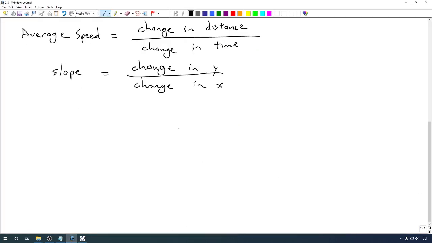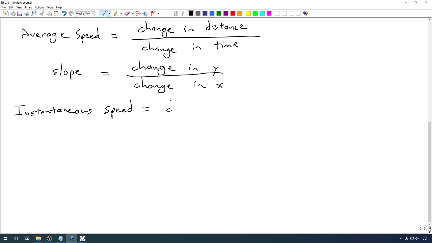So you can say here, whereas we looked at the average speed, we can then also look at what we call the instantaneous speed.